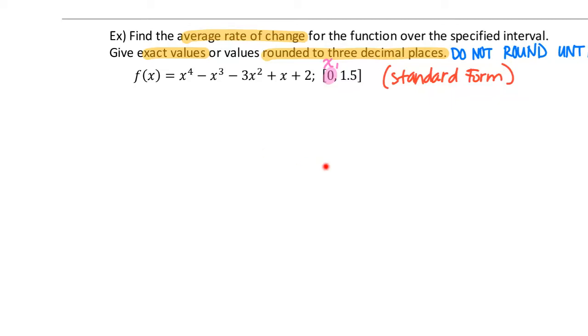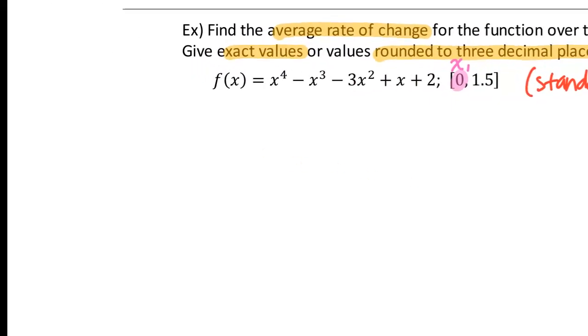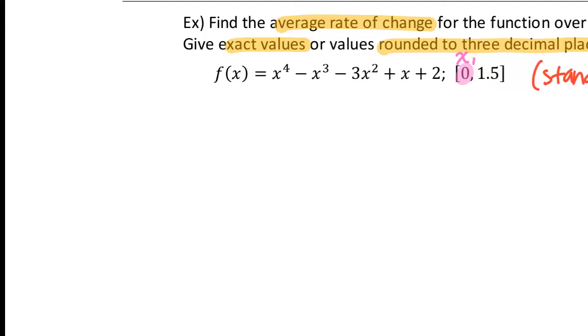So I'm going to plug that into the function. Step 1 is to get f of x1. We are going to plug in 0. This is going to be f of 0 equals. Everywhere I see an x, I'm going to plug in a 0.